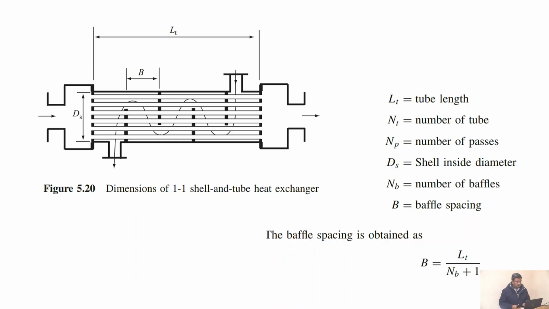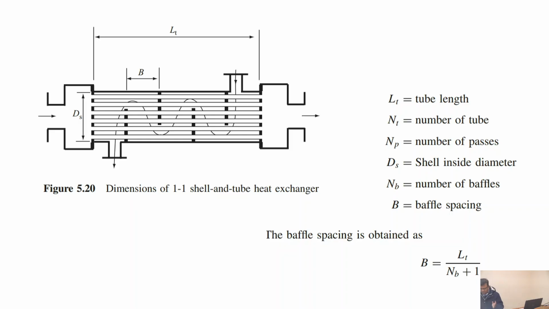All right. So what do we want to be able to calculate? Ultimately, what is the objective? When we design, we should be able to say something about the area that is required for heat transfer. There's a certain amount of heat that you want to transfer. So you want to take water, let's say, from 10 degrees Celsius to 80 degrees Celsius. Water is coming at a certain flow rate and inlet temperature.